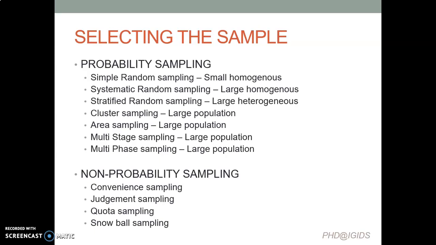Write at least the indications for each probability and non-probability sampling. Depending on the marks, you can elaborate, because sampling itself can be asked as a main question. So these are the first 3 points: establishing an objective, designing the investigation, and selecting the sample.